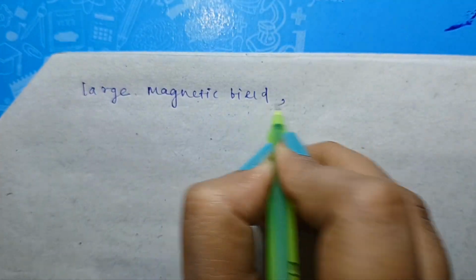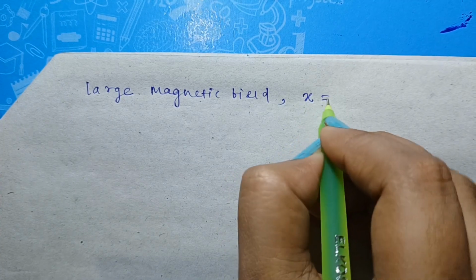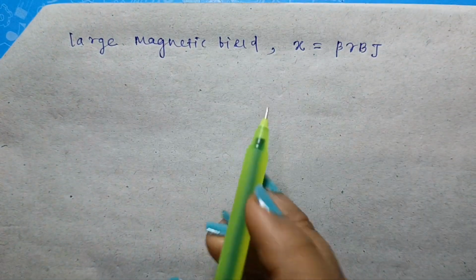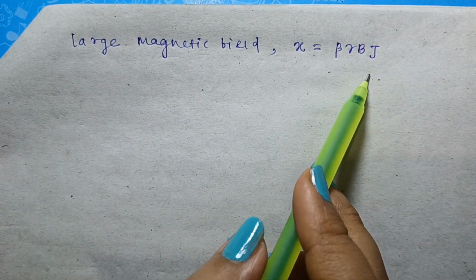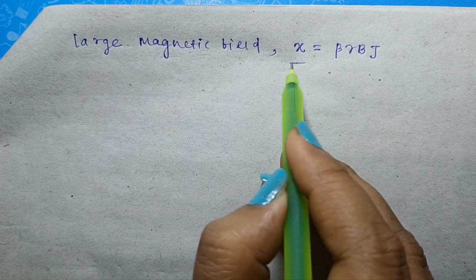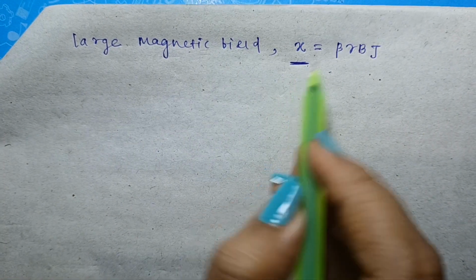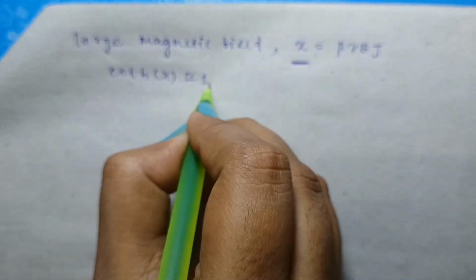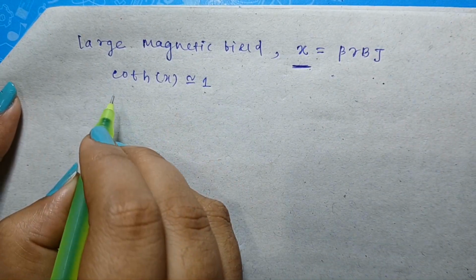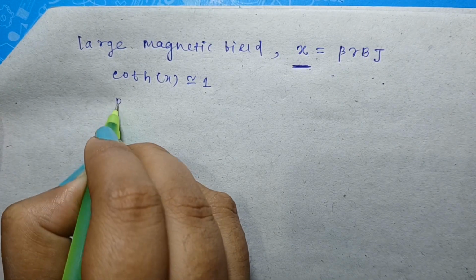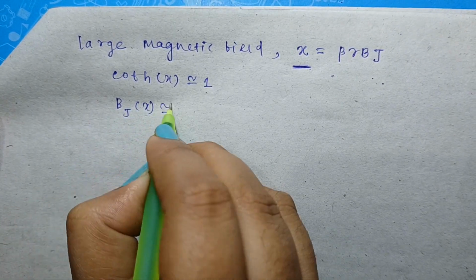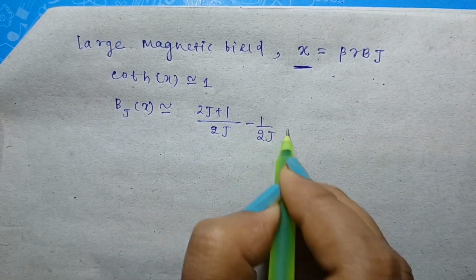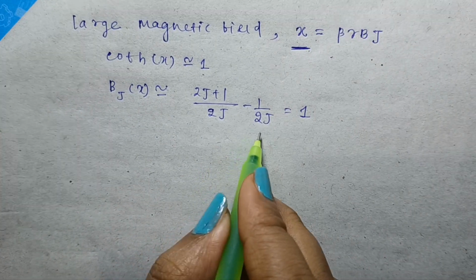That means B is so large, so the value of x, that is beta gamma Bj, is large. Here coth(x) is approximately equal to 1, and Bj(x) will be (2j+1)/2j minus 1/2j, and this is also equal to 1.